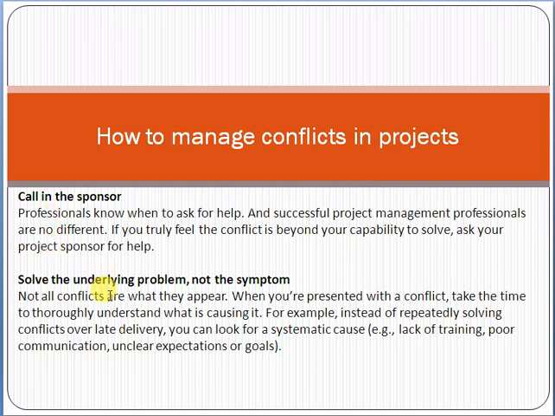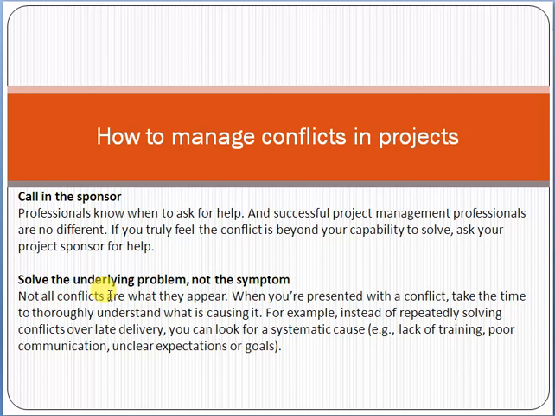Solve the underlying problem, not the symptom. That means, friends, for example, you are deploying a release on production and many times issues are occurring, like conflicts are occurring. Someone is saying the issue is from the QA side, someone is saying the problem is from the application side, etc. So the main thing is that you have to identify the core reason, the root cause, why issues are occurring.